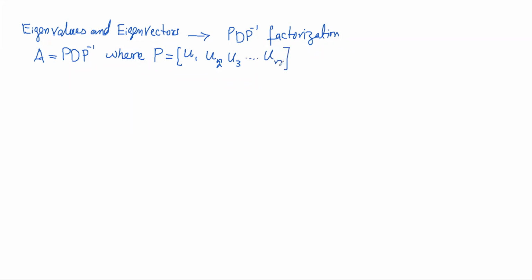Okay, and D will be the diagonal matrix, having diagonal elements as the eigenvalues: lambda 1, 0, 0, up to the last term, then 0, lambda 2, 0, and then up to 0, 0, lambda n. So D will be an n by n matrix, P will also be an n by n matrix, and then we can take its inverse, P inverse.